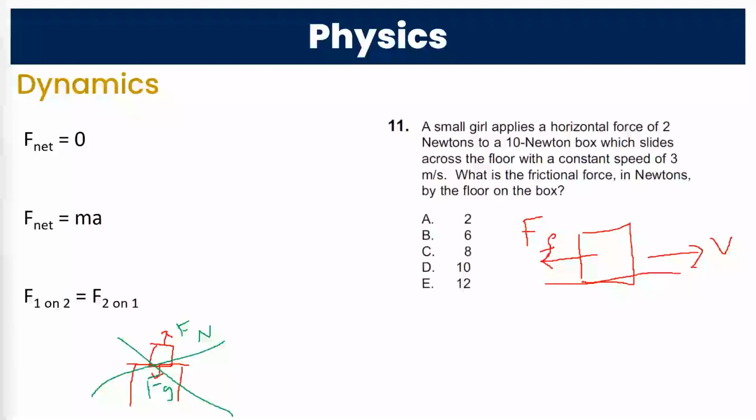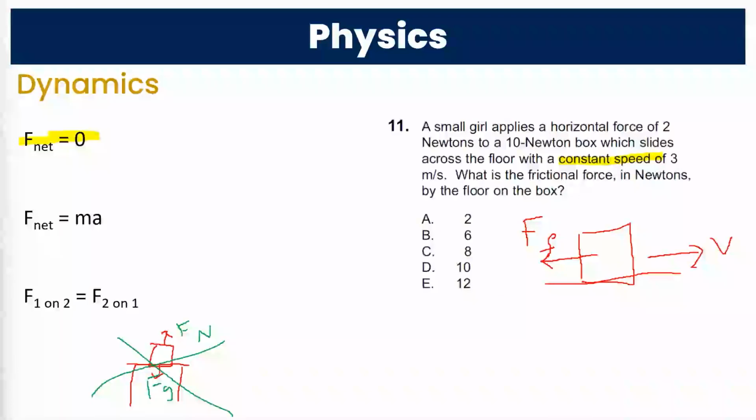Not too sure. It's a constant speed. So does it have an acceleration? Okay, so not the second law. Not the second law, it's the first law. So this is how they sort of plant a trick problem in there. They'll give you constant or 0 acceleration, which means we already know what this is.